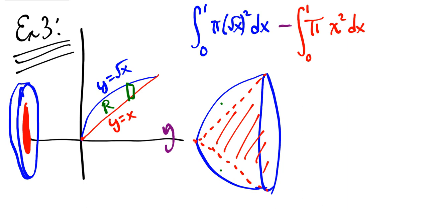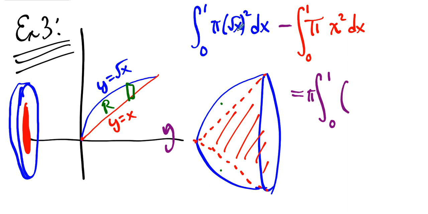Now, we can make things easy on ourselves and make one integral. I should go purple. We can make one integral out of this from 0 to 1. There's a pi that can come out and cool on the windowsill.